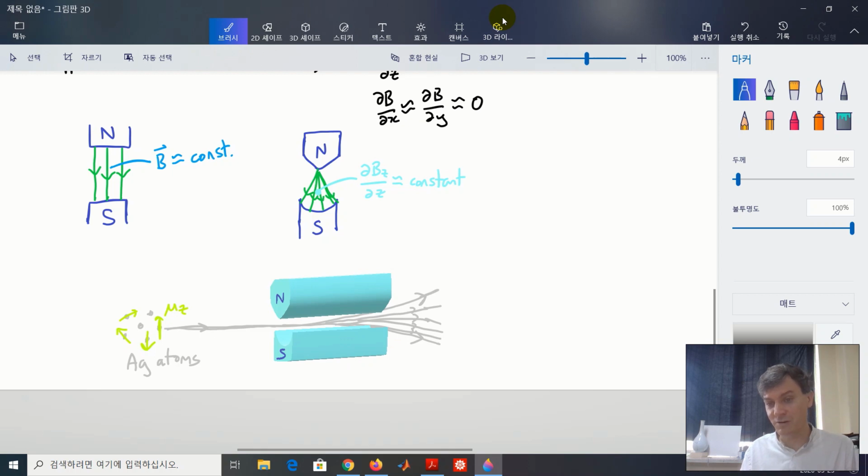At the end of the experiment, you put some kind of detecting screen here, and you measure where the atoms impact the screen, and what you expect to see is a line like this corresponding to the different possible values of the magnetic moment.